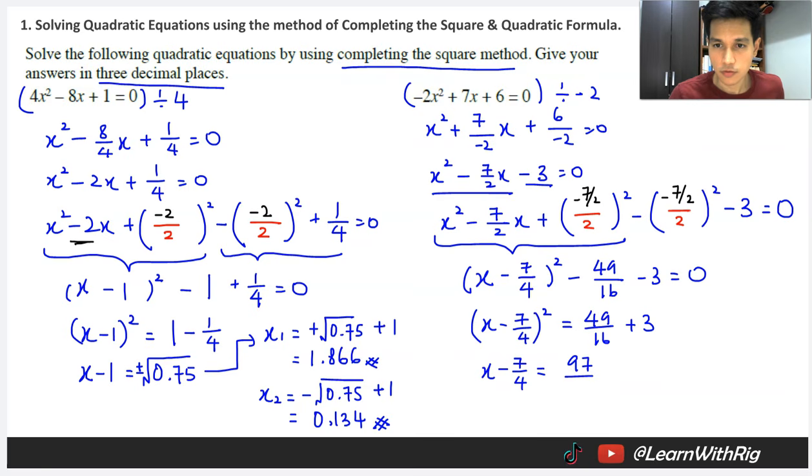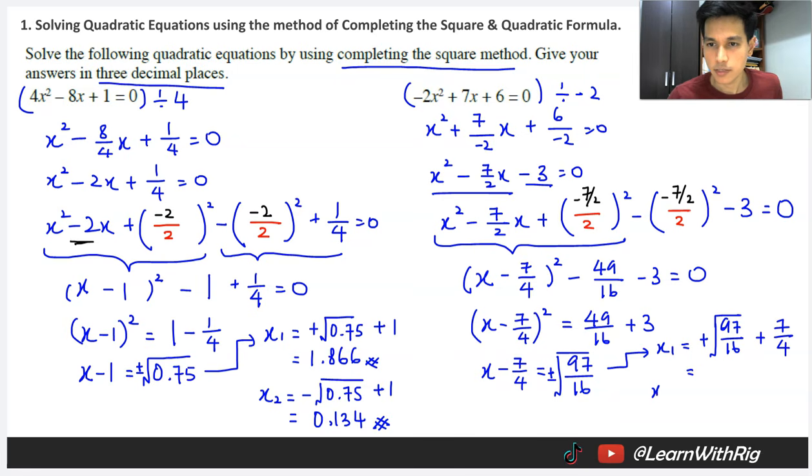So you should get 97 over 16, and then you're going to square root this. Once you bring the square to the other side, it becomes square root. Because it's square root, you got plus minus here. So you're going to have two answers. The first answer is x1, equals positive square root of 97 over 16 plus 7 over 4. So you get one answer here. And then you're going to have another one, which is x2.